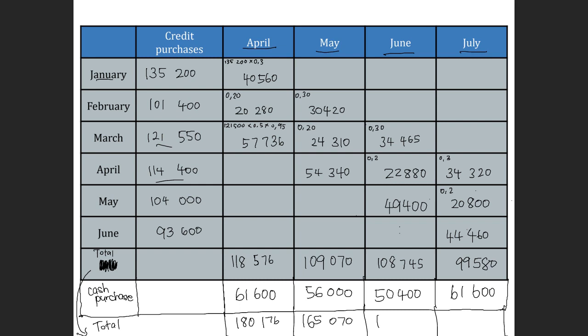Then 159, 145, and then 161,180. Okay, so that is your creditor schedule. Any questions here?